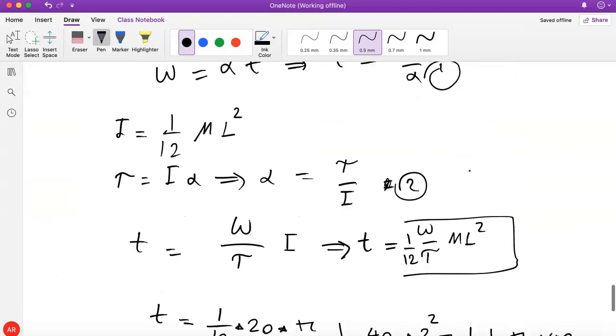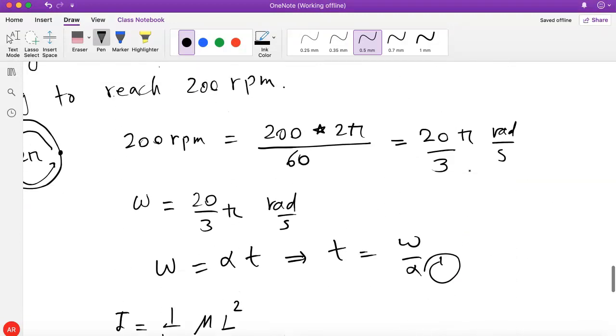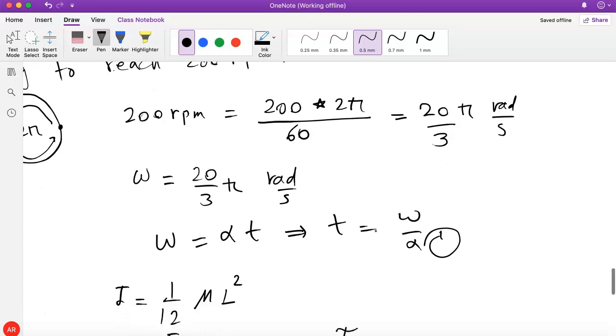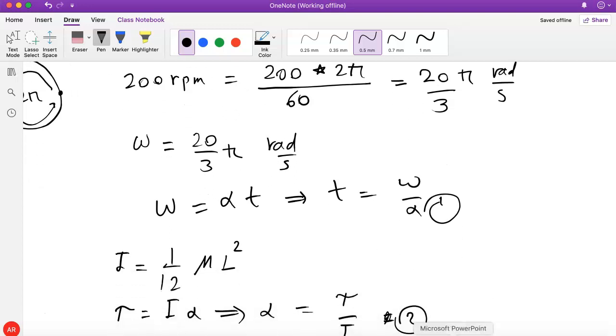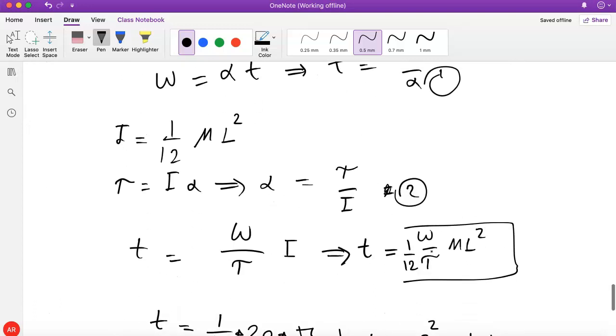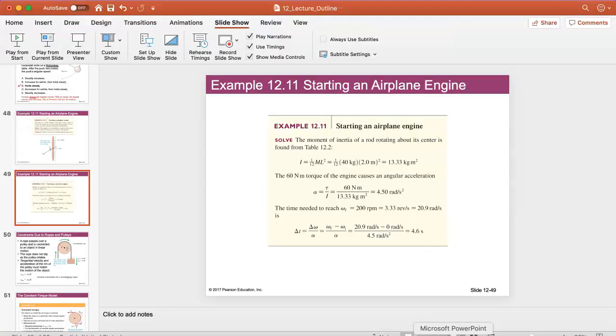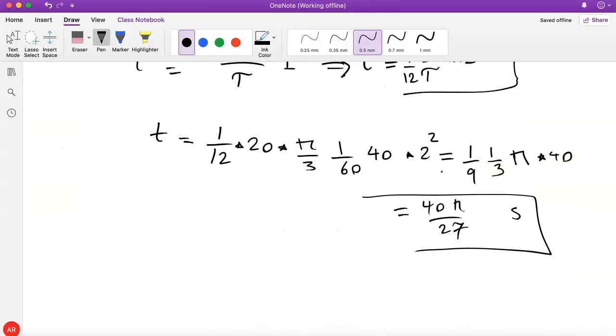For us, it was 60 point something divided by 3, so that seems to be right. All right, so that's the answer. Trusting what's here, it's 4.6 seconds, so approximately 4.6.